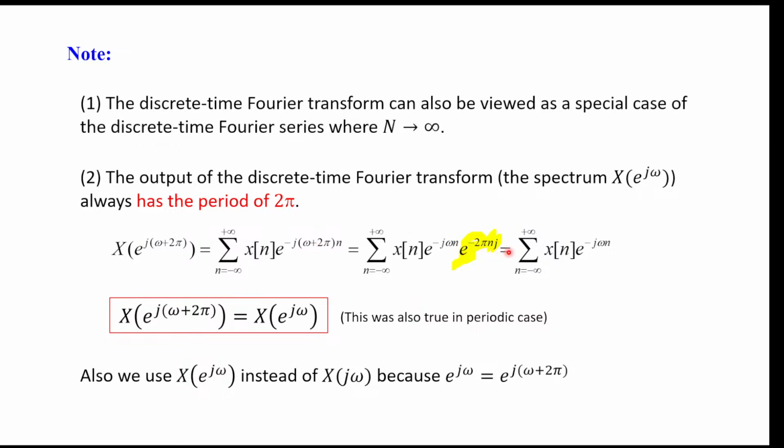Because n is an integer, and e to the 2 pi j is 1, this is just 1 to the minus n, which is always 1. So here we prove that when you change omega to omega plus 2 pi, big X doesn't change.